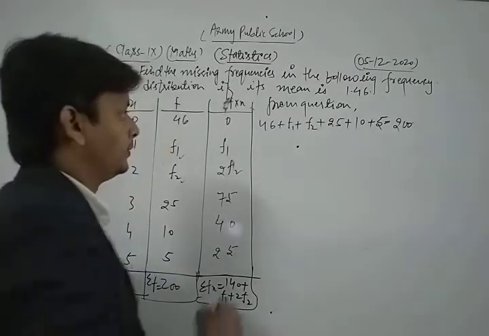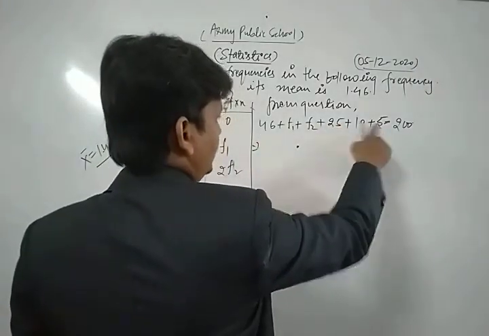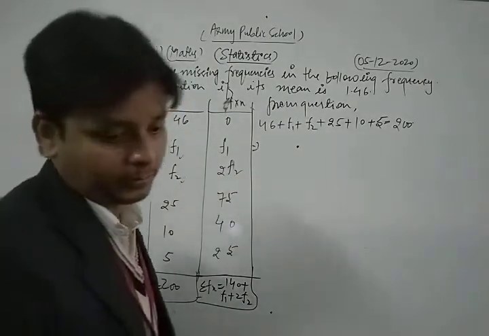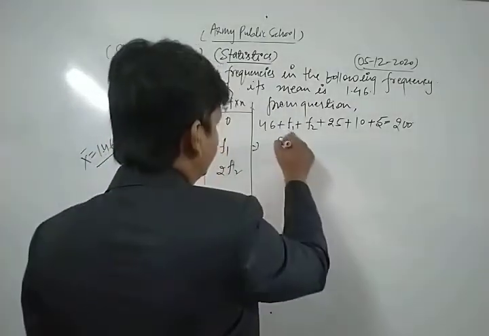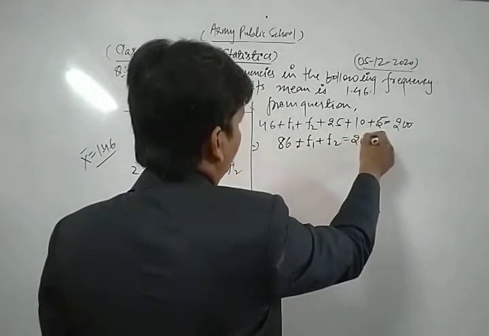Now adding them: 25 plus 5 is 30, 30 plus 10 is 40, 40 plus 46 is 86. So 86 plus f1 plus f2 is equal to 200.